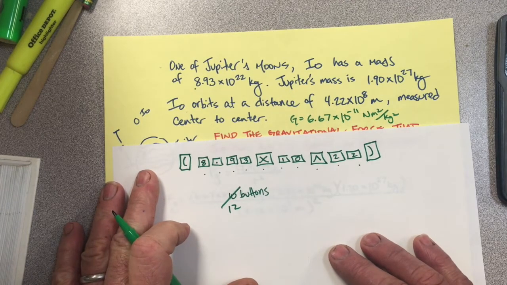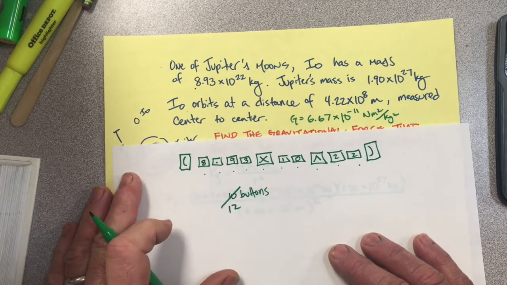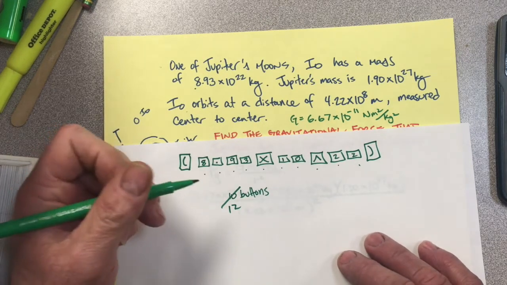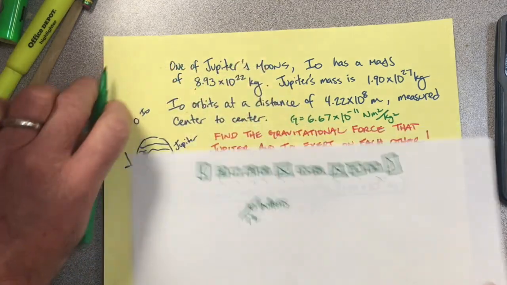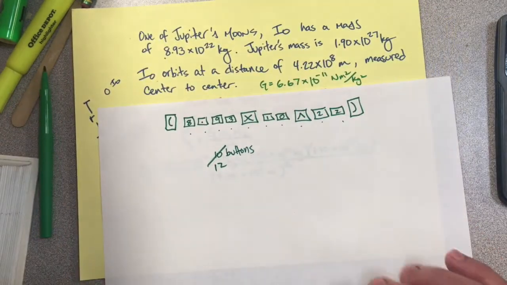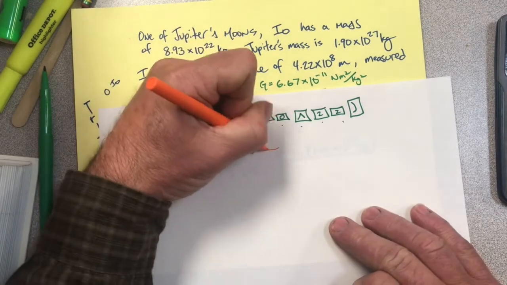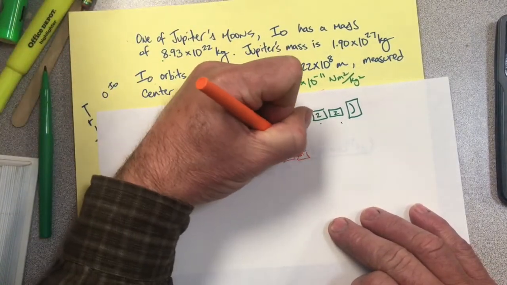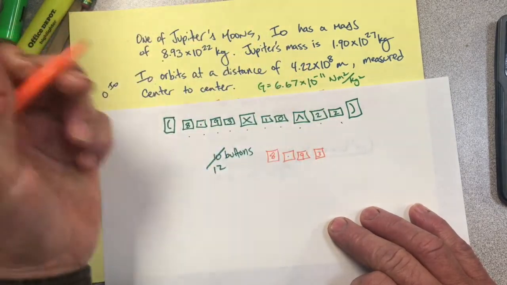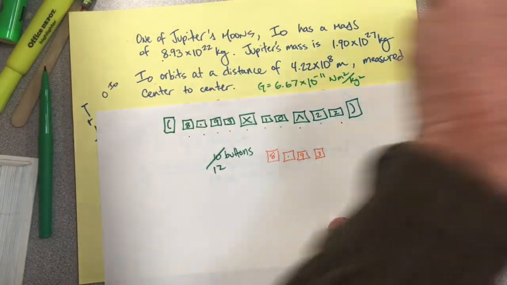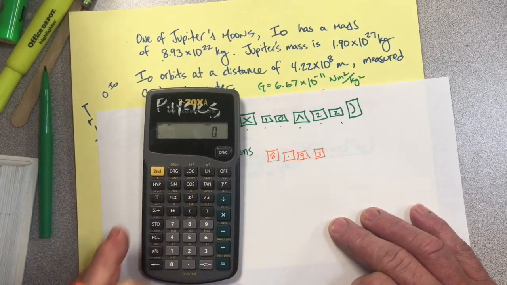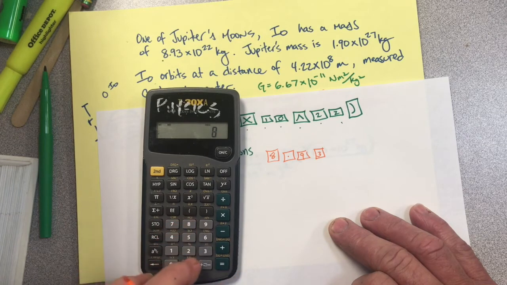The proper way to do it is to use the exponent button, and I'm going to show you that right now. To do it properly, you would actually only enter 8, the decimal, the 9, and the 3, and then on this calculator, you would just hit EE. So you would go 8.93, and then EE.